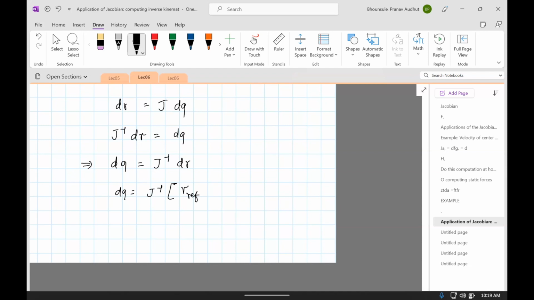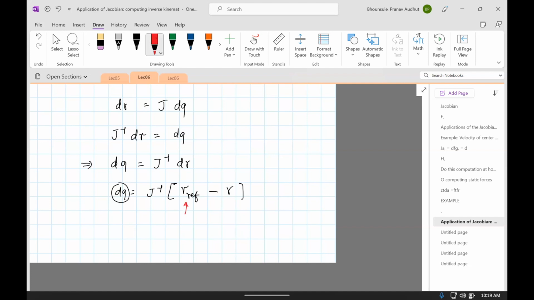For example, if you have a curve, let's say a circle, then a point on the circle is given by x ref, y ref. That would be r ref. You subtract from it the measured position r, and that gives you the change in q, dq.